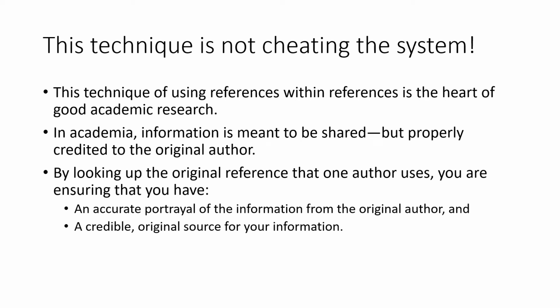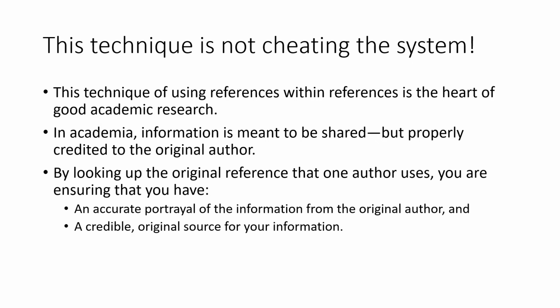Go to that author's webpage or look up that information from that original author who was quoted in your secondary source and find the original information. By looking up the original reference that's being used by one author, you're ensuring that you have an accurate portrayal of the information from the original author.